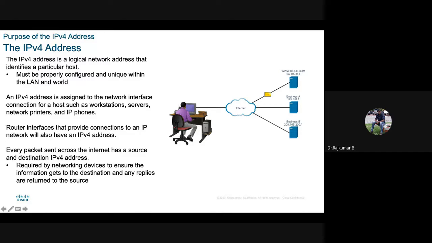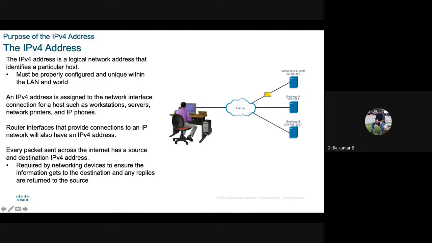Examples of end user devices with network interfaces include workstations, servers, network printers, and IP phones. Clear? Some servers can have more than one NIC, and each of these has its own IP version 4 address.